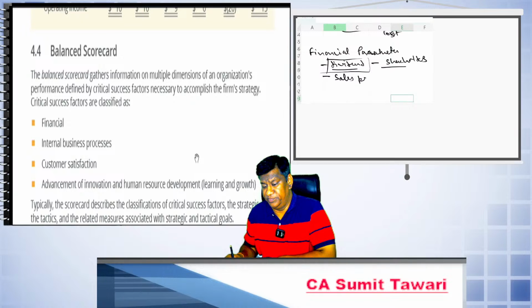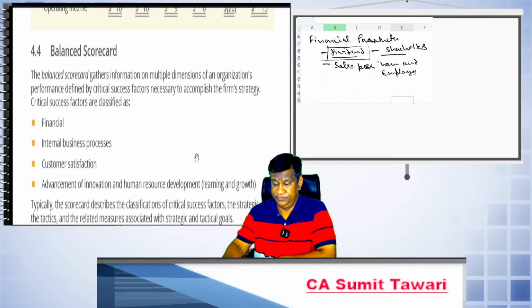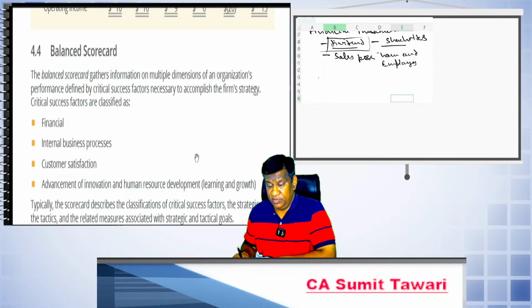Sales per hour per employee. Profitability we already discussed. Controllable margin we just discussed.